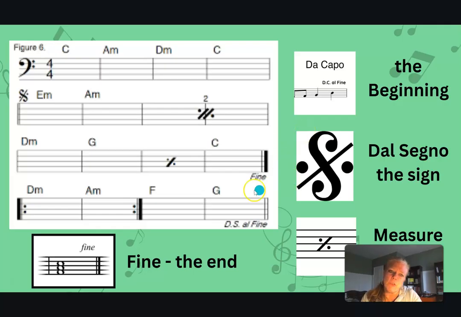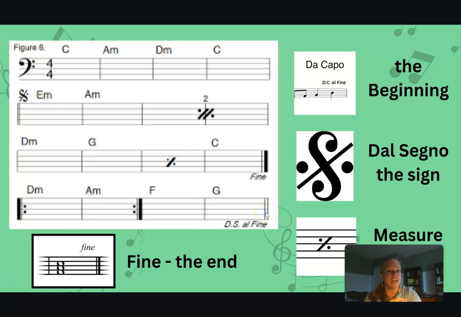It looks like the word fine. So can you see how there's a fine here? If we were to start, we would start on this particular line, the one at top, go through all four measures, go to the second line, and then the third line, the fourth line, which has a backwards repeat, so we'd play this part twice, and then we would go here.